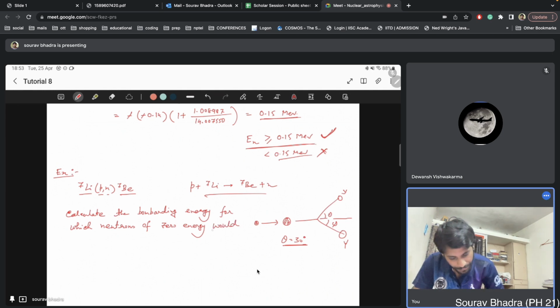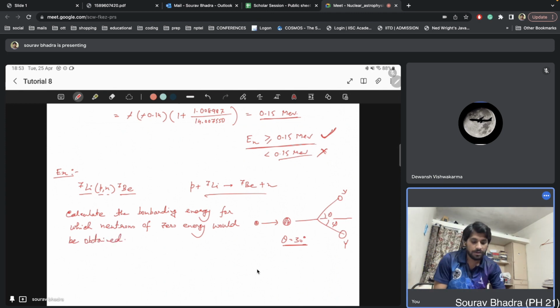This is the question: you have been given a reaction, the masses of all the reactants and products, and the angle theta. Now we have been asked to calculate the bombarding energy, that is the kinetic energy of the proton, which is the projectile, for which neutrons of zero energy would be obtained.